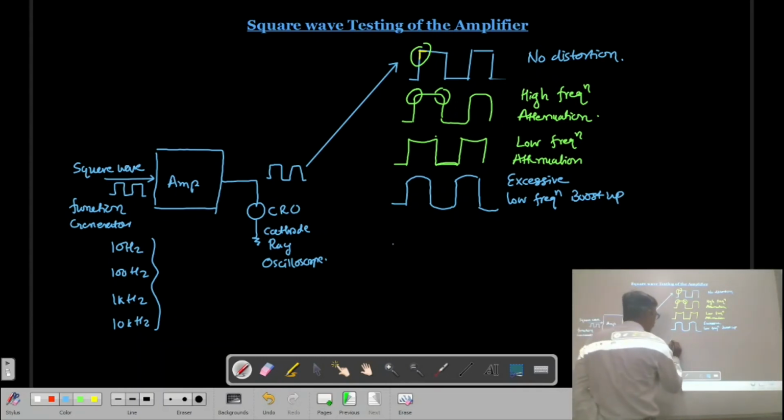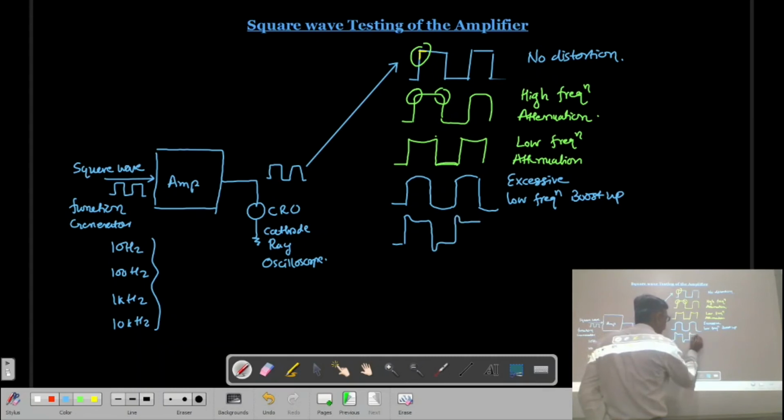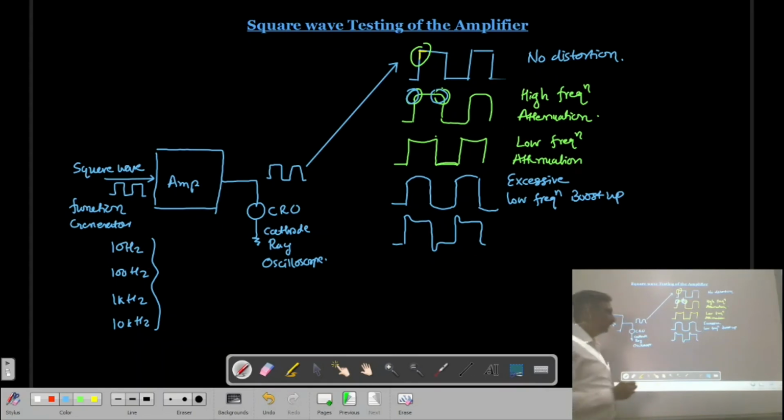Now, suppose this corner is pushed up. Here I already mentioned that the corner of the square wave represents the high frequency response.